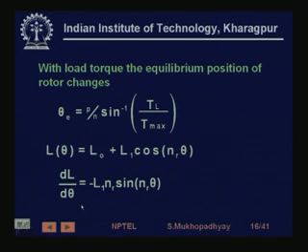This is an expression which shows that the inductance varies as a DC component plus a pulsating component, like I was showing, and then dL by d theta is actually a sinusoid. So, the torque is also a sinusoid, and the electromagnetic torque is half I square dL by d theta.